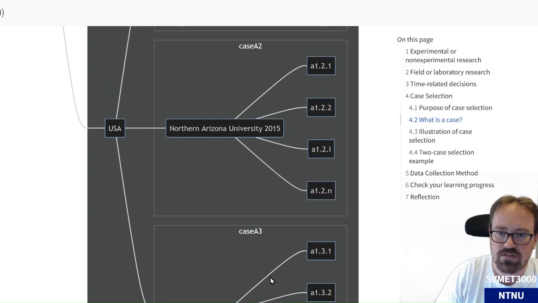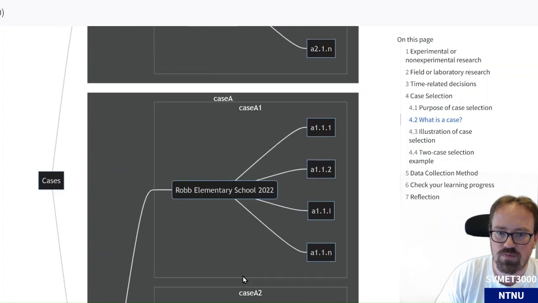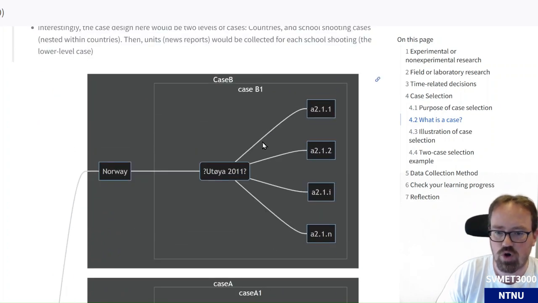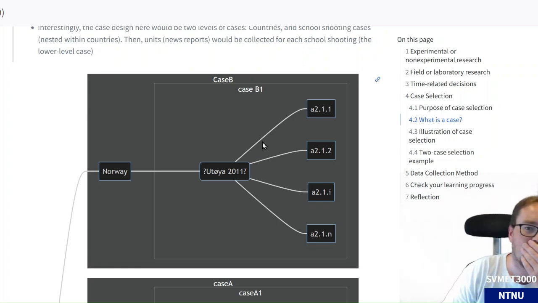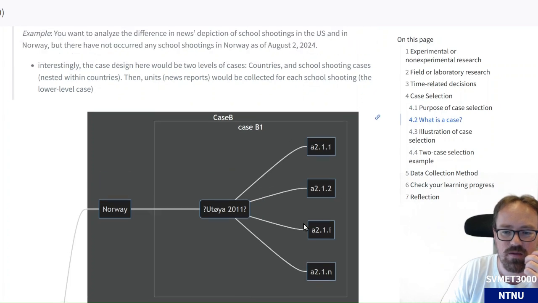So with this setup, we would have 3 cases from the US, but only 1 case from Norway. And of course, we're happy that no such incidents have happened in Norway in the past.